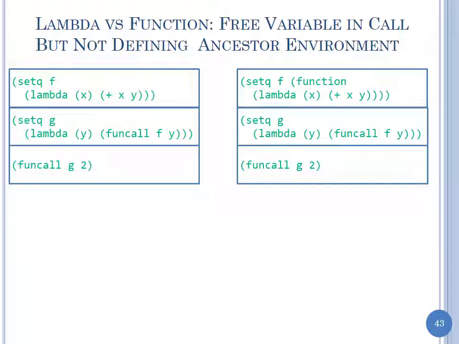now see the difference. On the left hand side we know it worked. 2 and 2 was 4. On the right hand side we created a function. And that function is bound to the global environment at that time.